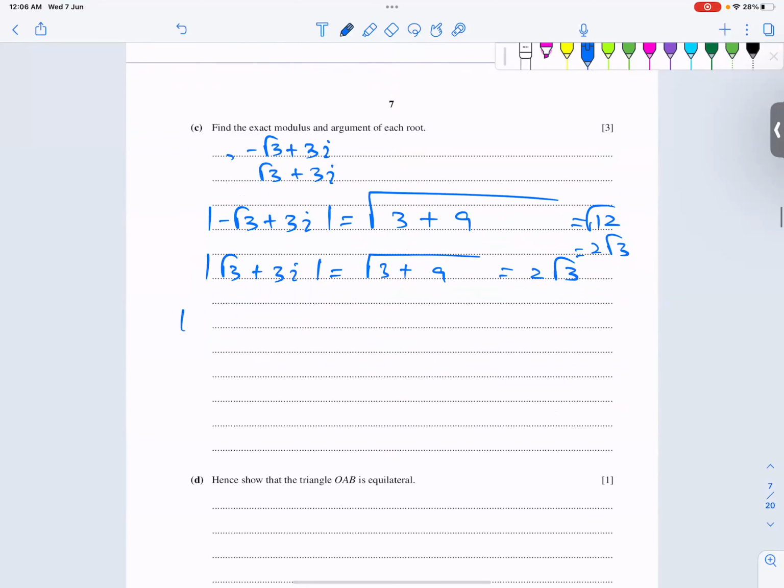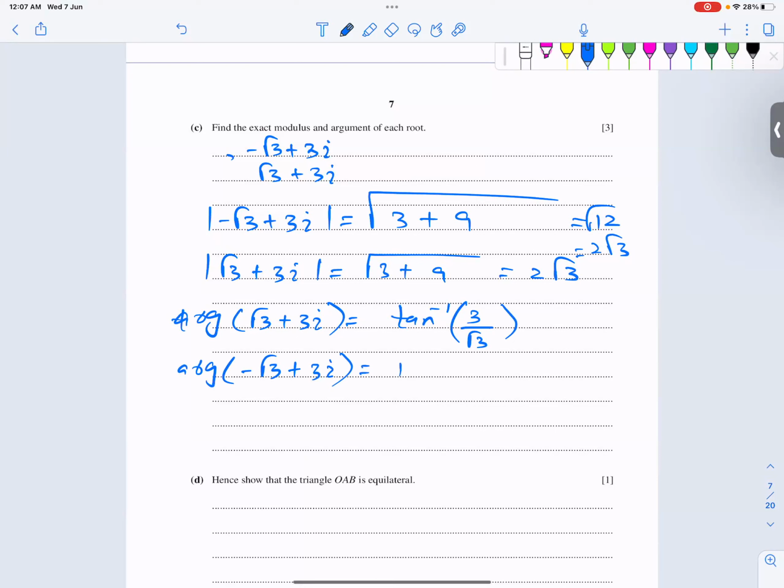Now the argument for square root 3 plus 3i will be tangent inverse of y over x, because this is in the first quadrant. And the argument of minus square root 3 plus 3i, as x is negative and y is positive, will be pi minus tangent inverse of 3 over square root 3.